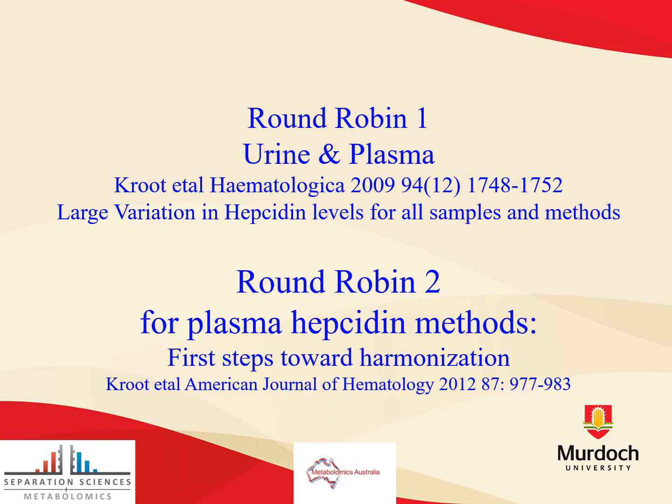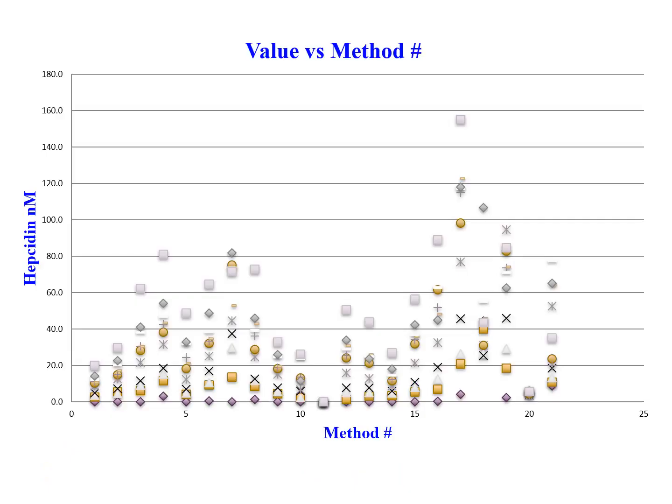They led another round robin in 2012, and that was purely for plasma hepcidin methods, and really the aim was to try and work towards harmonisation of approaches so that we knew that we could reliably measure hepcidin levels at many labs around the world. And in fact, the Swinkels group in the Netherlands have put together a group of labs that they believe have the proficiency to accurately measure hepcidin. That's fairly recent.